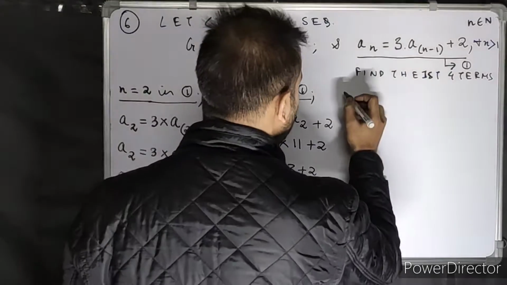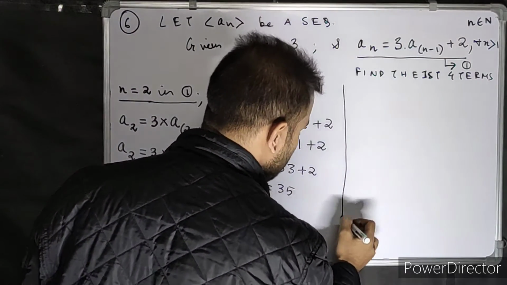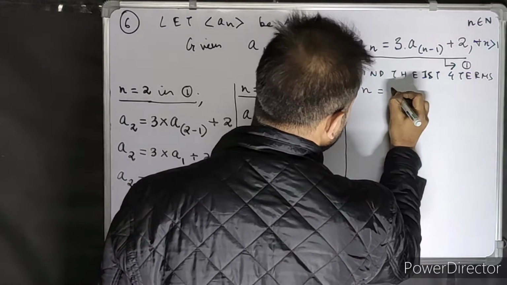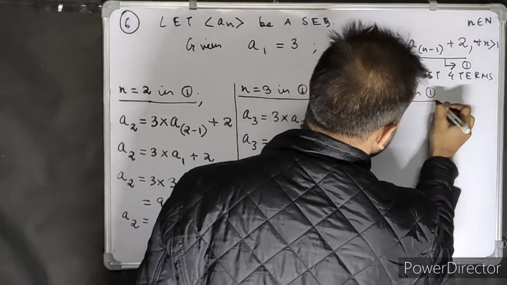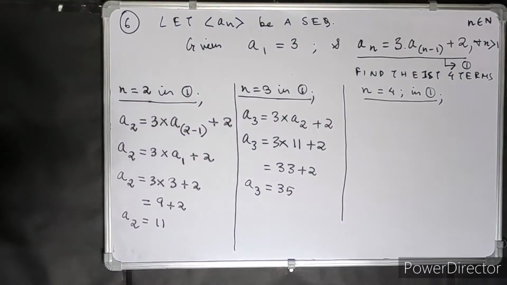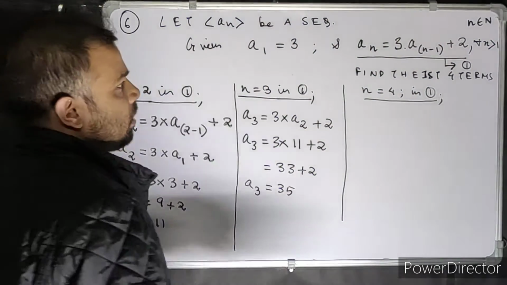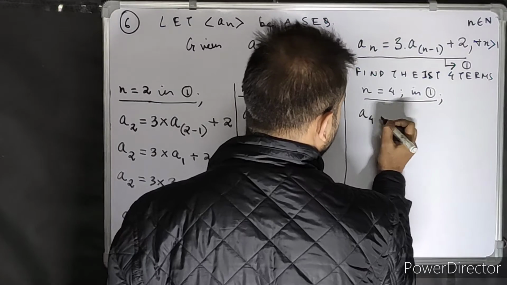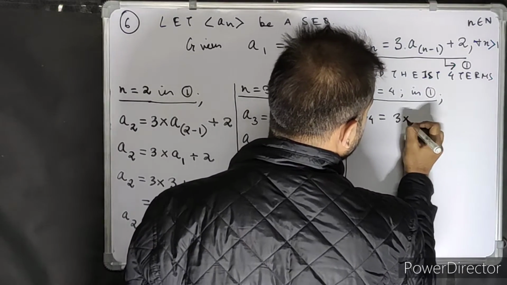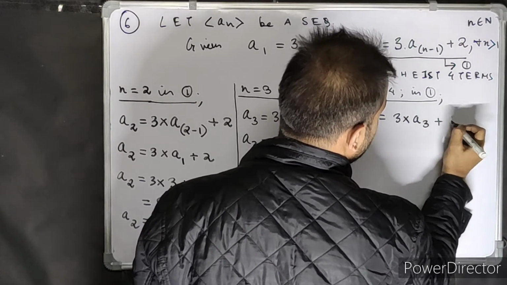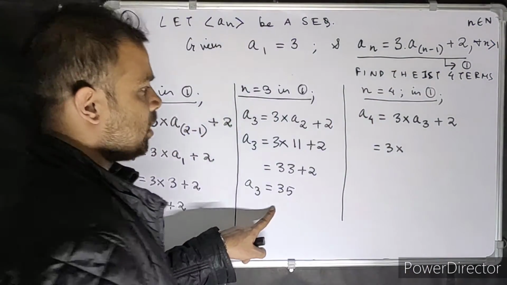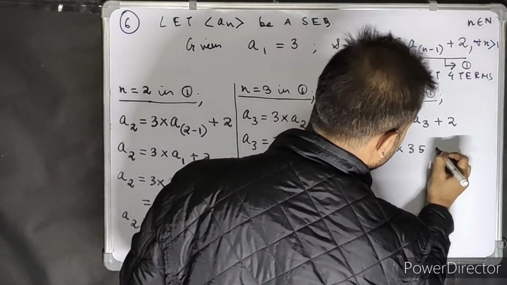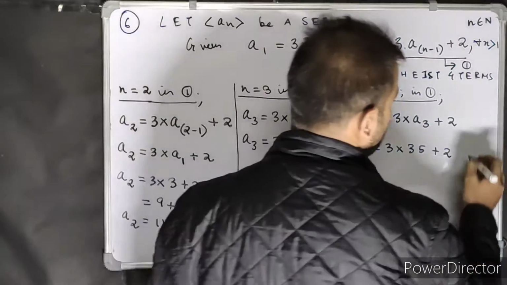Okay, let's go on to the next. That is n equals 4 in 1. So a_4 is equal to 3 into a_3 plus 2. So 3 into, what is my a_3? 35. So that is 35 plus 2.